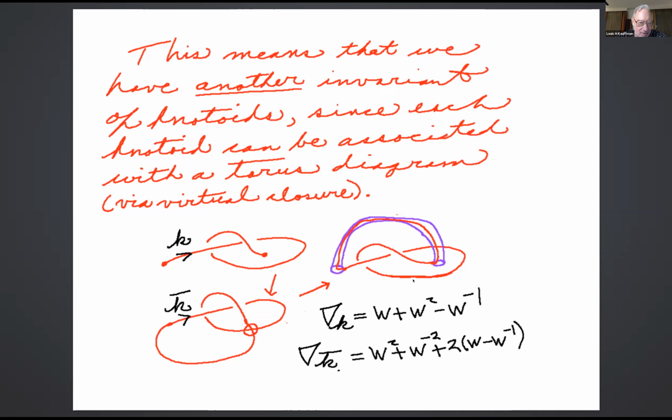So knot diagrams on a torus, or knots in a thickened torus, can represent knotoids, but knots in a thickened torus are also, there are many examples that are not representing knotoids. So there's two kinds of phenomena going on here. You can take your knotoid and make it into a knot on a torus. If you do, in the case of this knotoid, then you find what we found before, that we're getting some invariance of the knotoid in relation to the invariance of the knot in the torus.